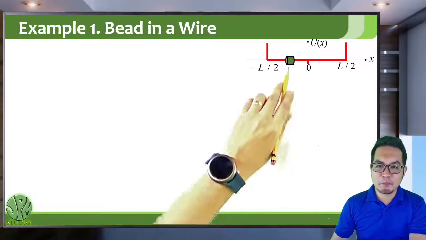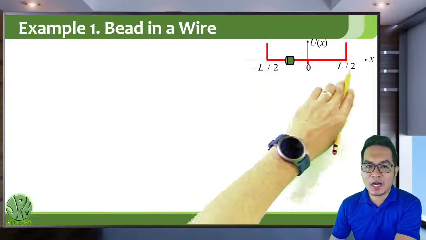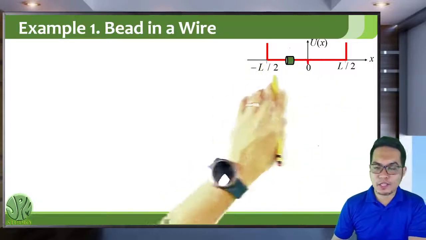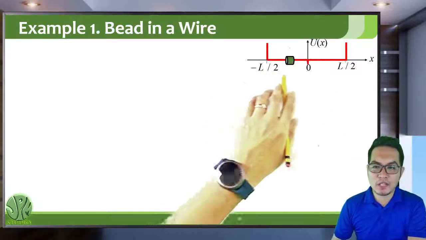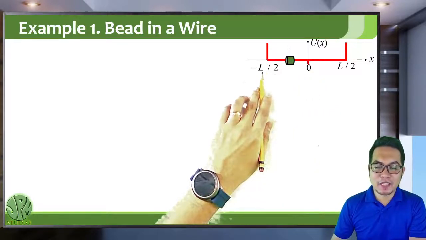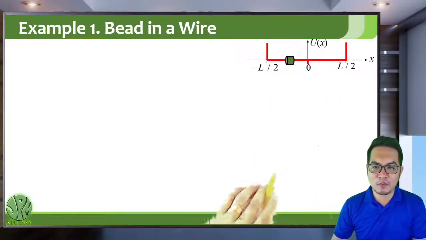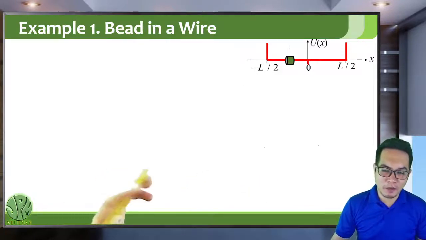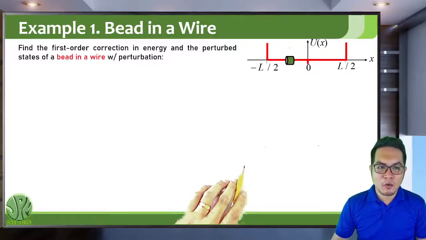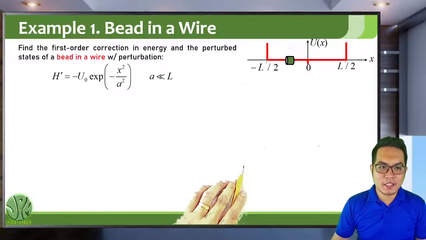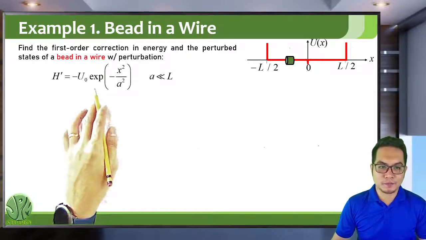So basically, you have a bead, and it can go back and forth. It can oscillate within a wire from a length of negative L over 2 to positive L over 2. That's the original problem.